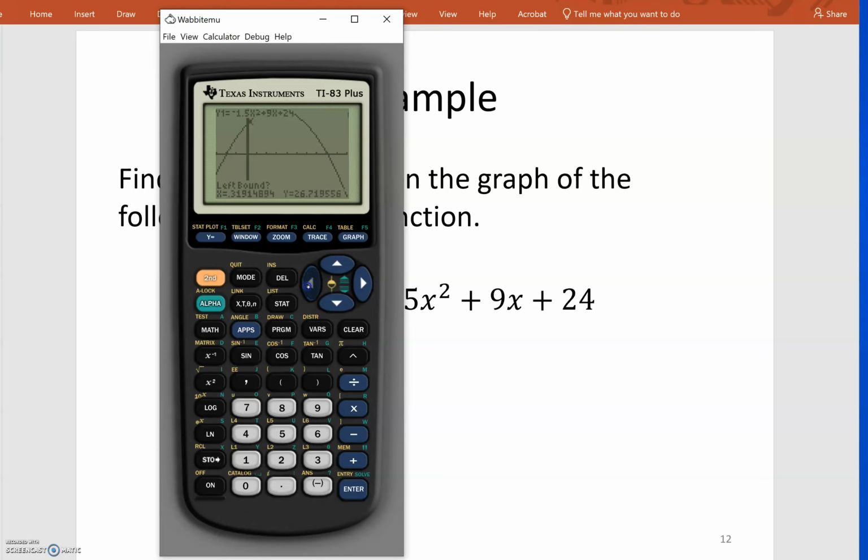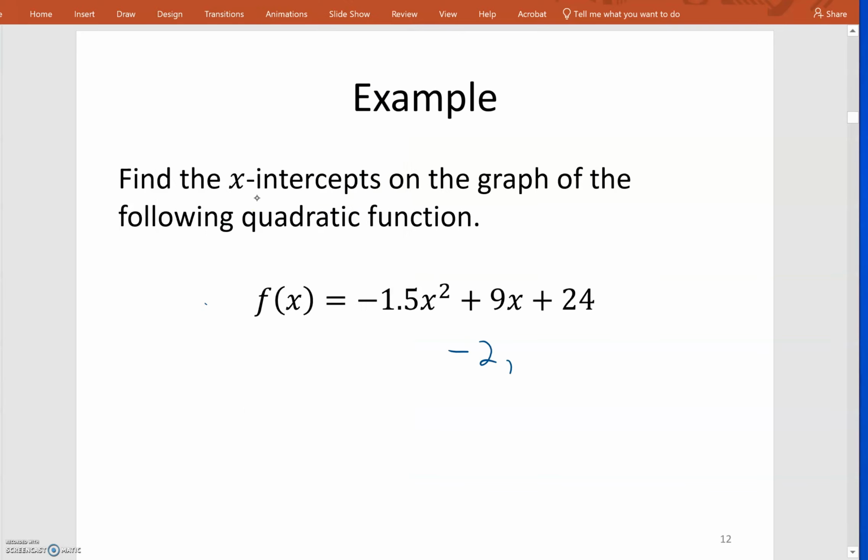Sometimes people get confused about what it means to be to the left, because I'm going to go underneath it and to the left. See, this is to the left of the 0. Hit enter, and now go to the right of that 0, which happens to be above it and to the right. My guess is about right there. Hit enter a third time. And there we go. The coordinates of that 0 are -2, 0.